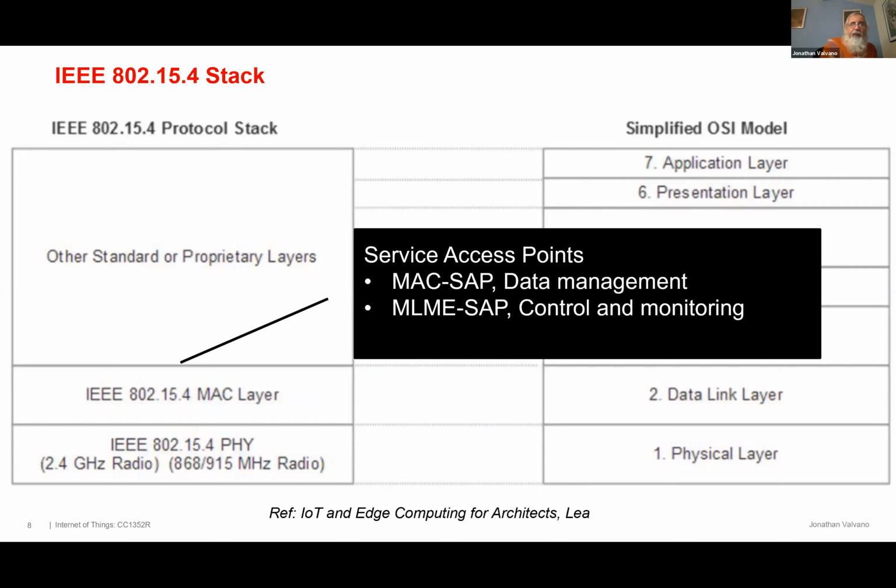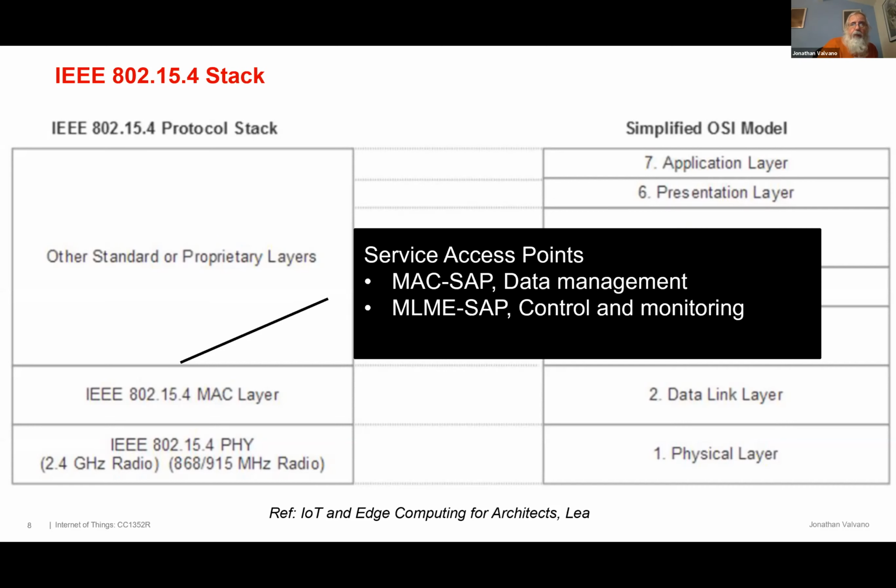In this context, they're called SAPs, service access points. These are basically functions that higher layers can call on lower layers to perform either data or control management.